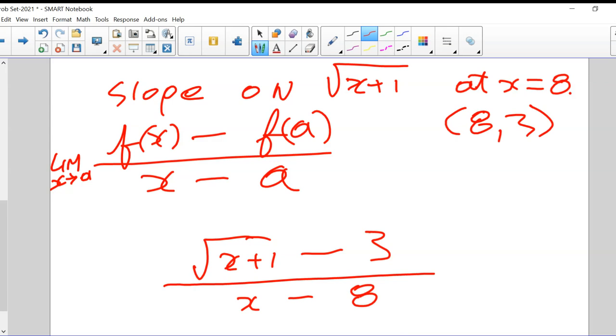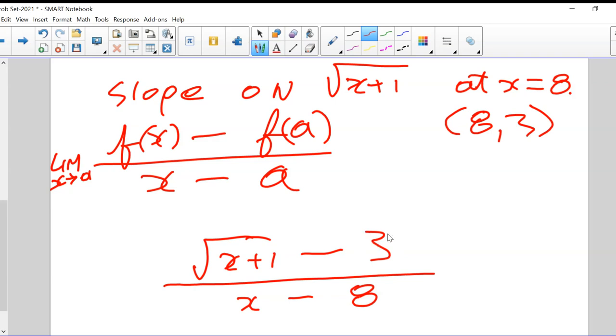Okay, so based on what we just did, I'm going to erase all of this stuff now. So we put the function itself, minus the value of the function at 8, so that's 3, over just x, generic x, which is the x value, minus the x value that gave us that 3.